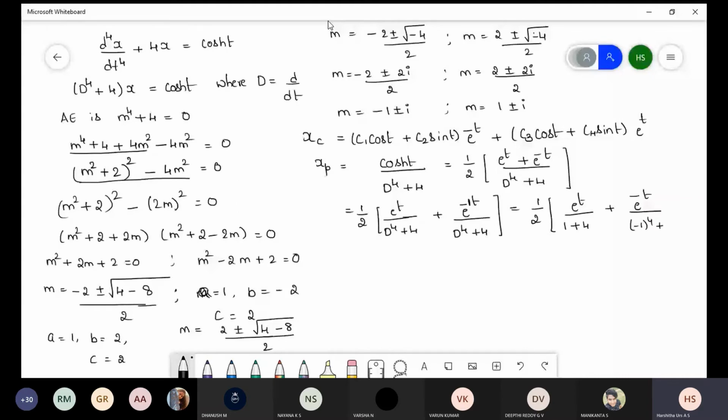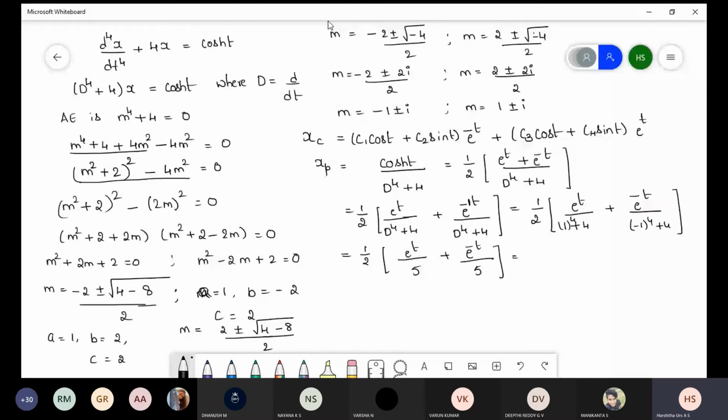Now 1 by 2 into e power t, 1 plus 4 is 5. Here also e power minus t, minus 1 whole power 4. Always the term with minus whole power even number will be positive. So again 1 plus 4 is 5. So I write this 1 by 5 outside.